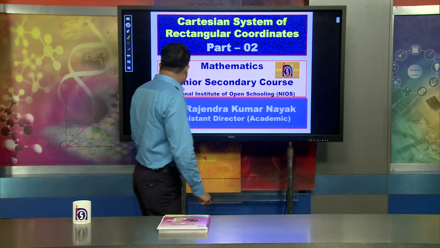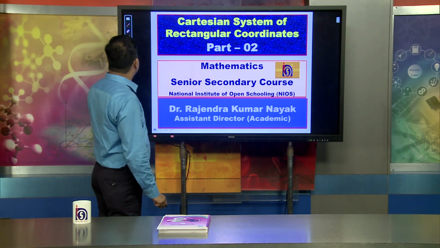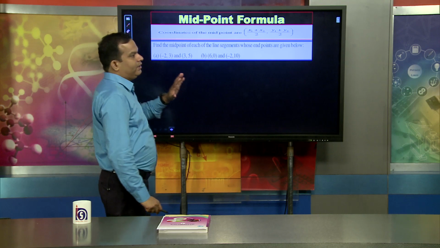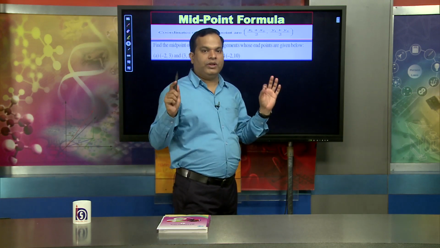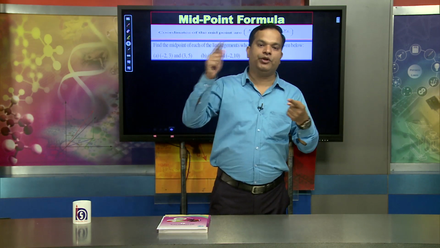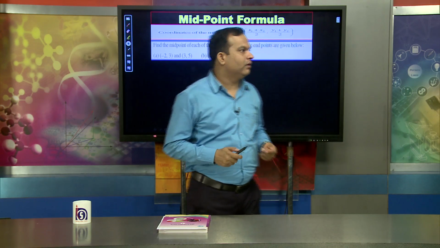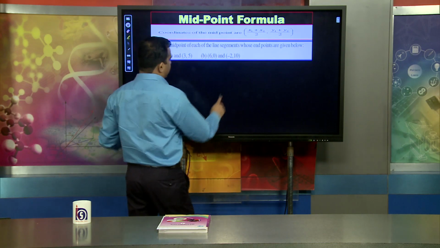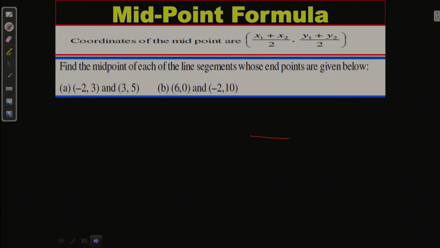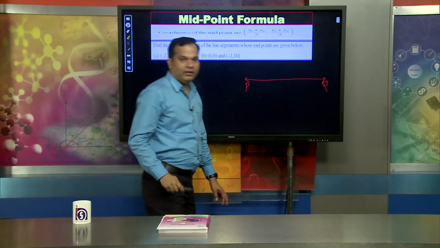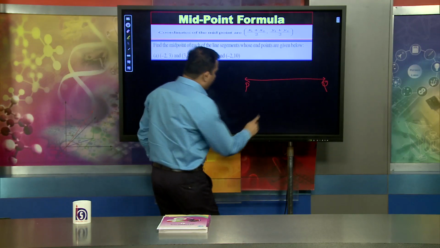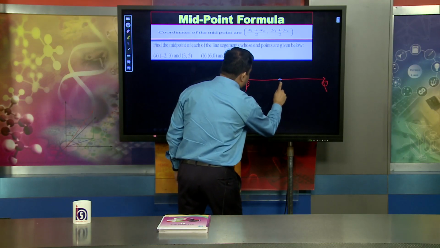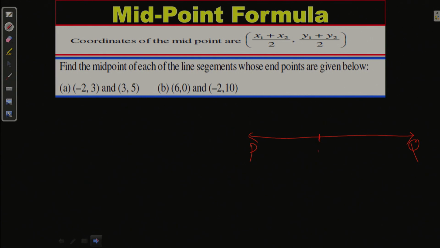When talking about the midpoint formula, we are going to find the coordinate of the midpoint of a line. For example, suppose this is the line PQ, and suppose this is the midpoint.